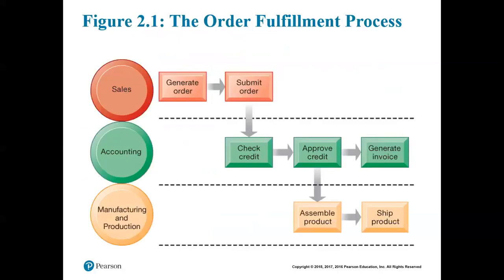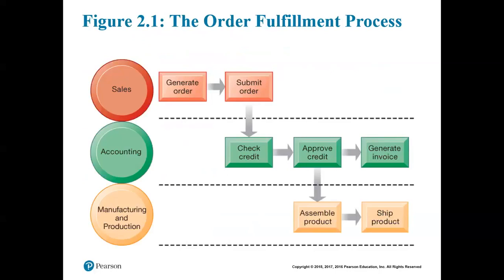This flowchart is the order fulfillment system of a generic business. We have 3 organizational units: sales, accounting, manufacturing. In the sales department, we generate an order. Maybe it's come from marketing through cold calling or something like that. We get the order, we submit the order.